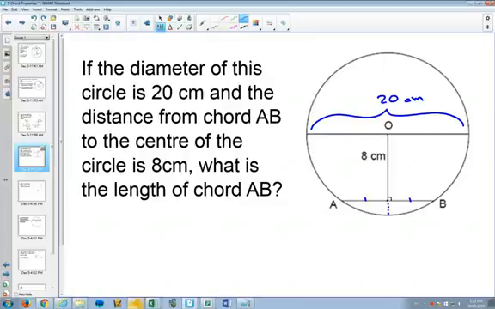Okay, so if we draw this special line here again, we want to make right angle triangles, or this one, O to B. These are going to be 10 because all the radiuses in this question have to be 10 centimeters. And the 8 is right there.